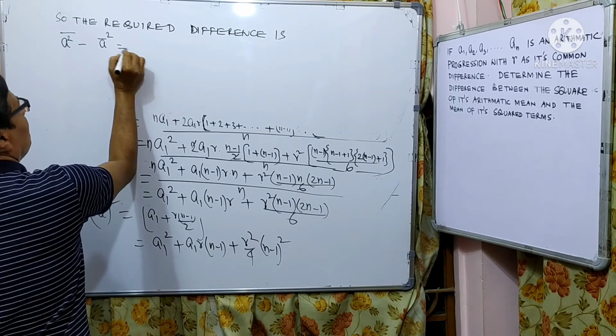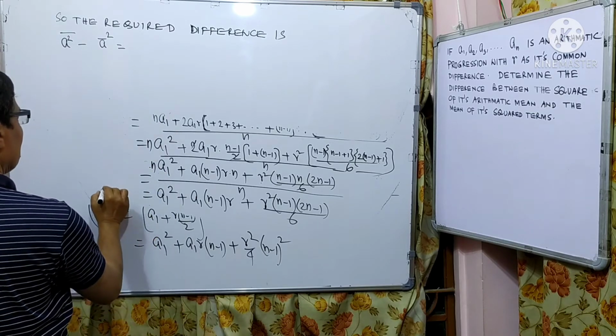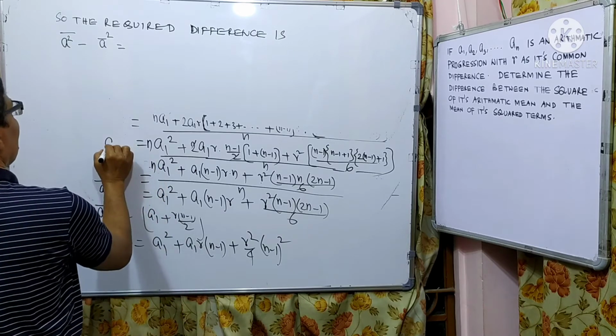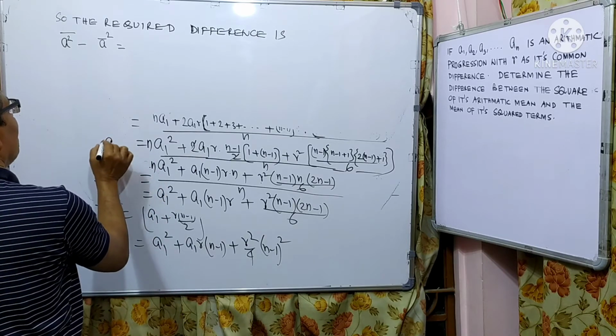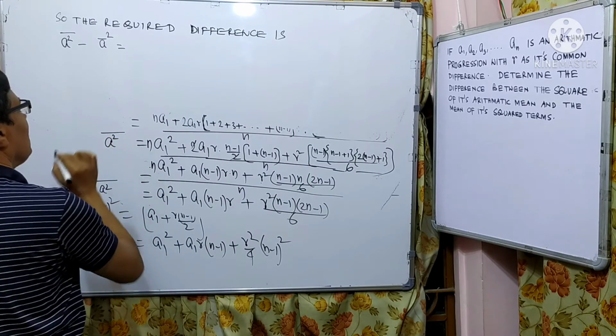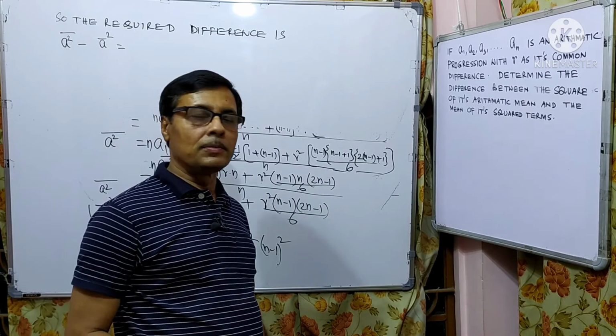This a square bar is the mean of the square terms of this arithmetic progression.